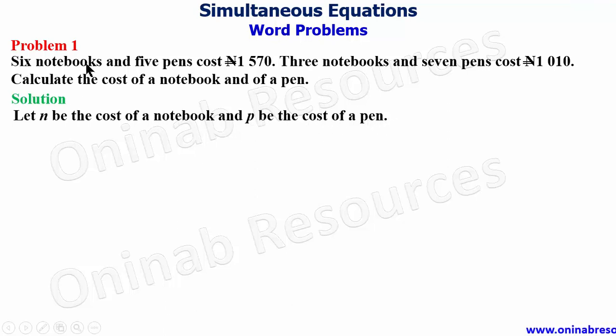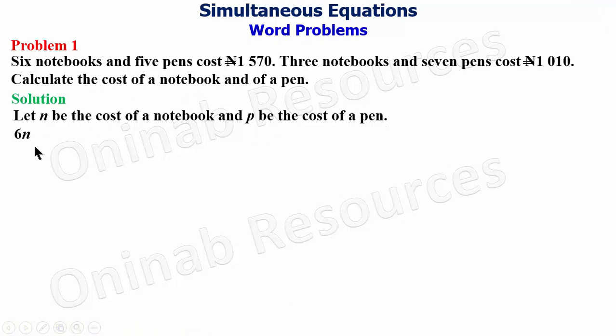So since we have 6 notebooks, the total cost of the 6 notebooks at N per notebook is going to be 6N. Then the cost of 5 pens at P naira per pen is going to be 5P.